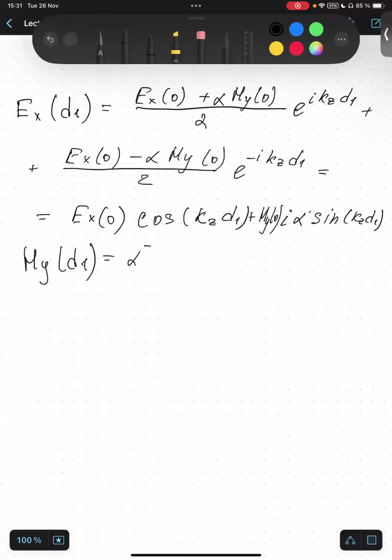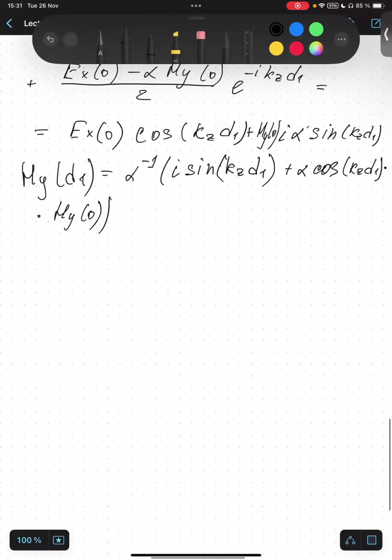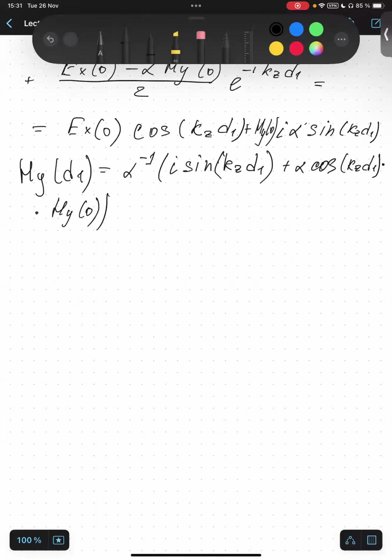So I will write the final expression for the magnetic field: i sine kz d1 plus alpha cosine kz d1, and here also the magnetic field that I forgot previously. Well, as you can see, we can write the T matrix for the first layer.